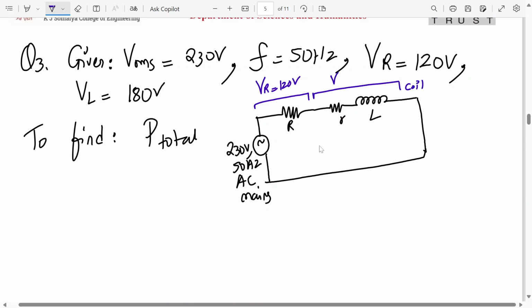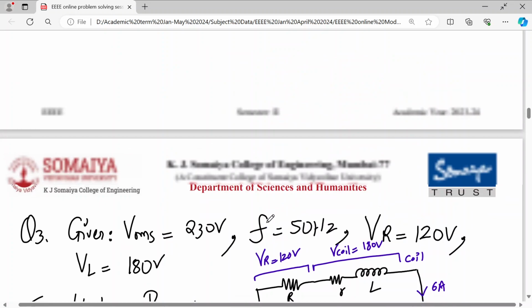What is the voltage across the coil? The coil voltage V is 180. Understanding this is important. Now we have to find the remaining quantities. The current flowing over here is 6 amperes.